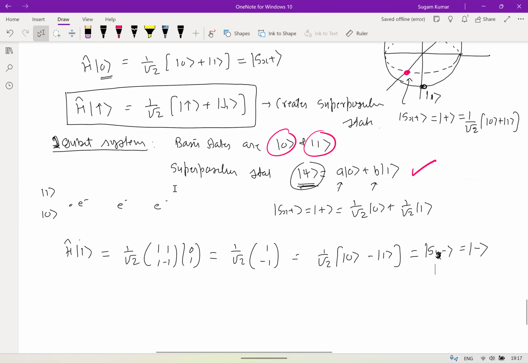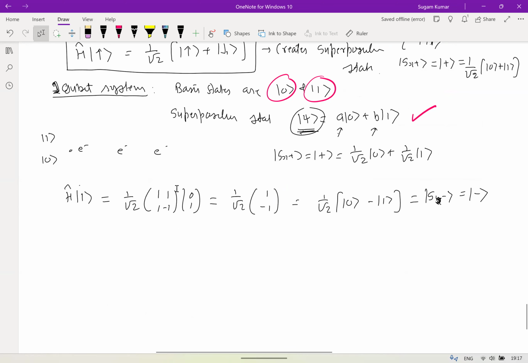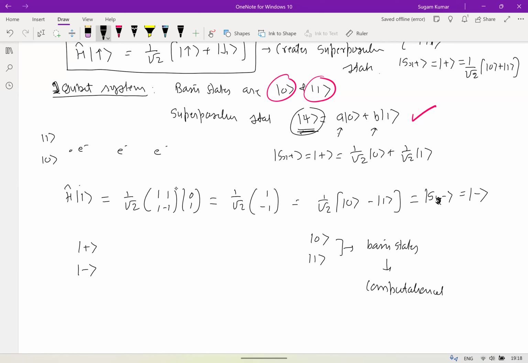But before that, now I can say these two states I got are plus and negative. For example, this 0 and 1 are called basis states, and sometimes we call them the computational basis states.